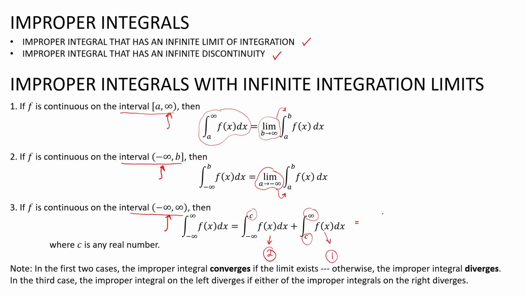So this will give you the limit of, let's say, a approaches negative infinity, from a to c of f of x dx. And then the other one, applying the first improper property, becomes c going to b.